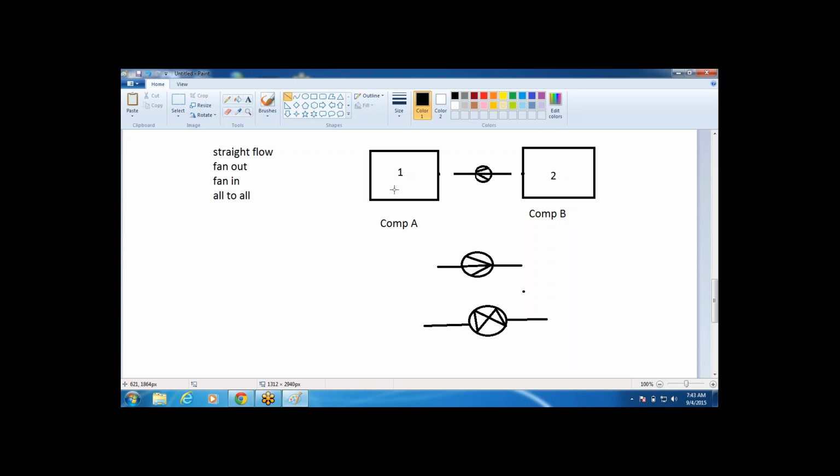By default, whenever you are using a partition component, the flow will be a fan out flow, but I can make it an all to all as well by right clicking on the flow and selecting the type of flow you want.